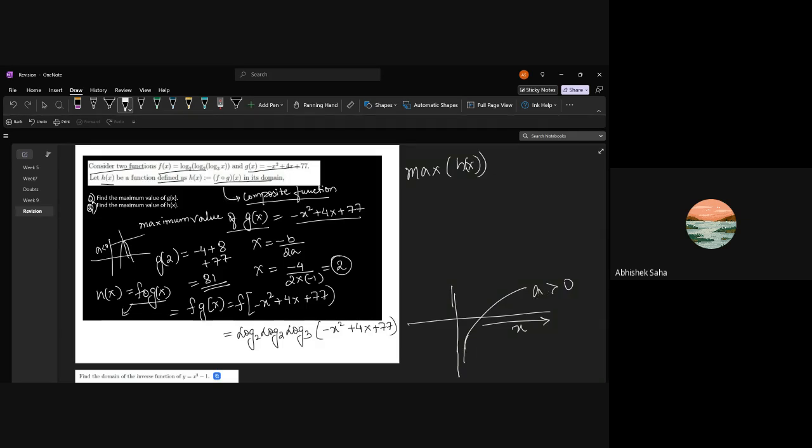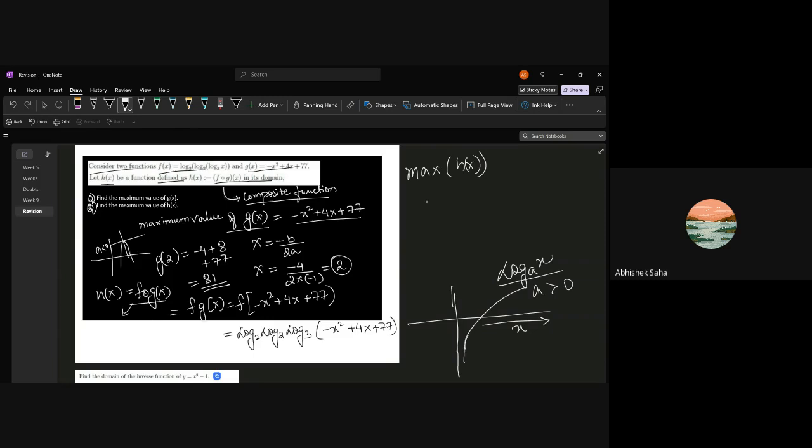So if someone asks you to find the maximum value of this, what will be the maximum value? This is the graph of log to the base a of x. Whenever the value of x is increasing, we want to find the maximum value of this inner function, because h x is completely dependent on this function, right? Any doubt? No, sir.